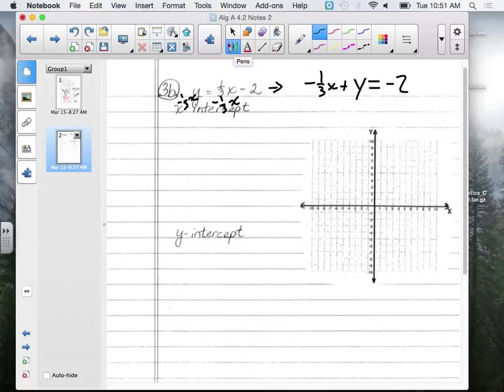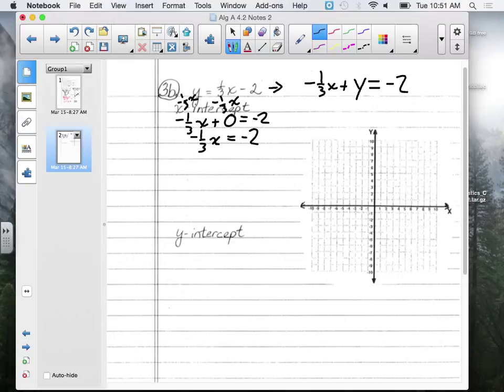Is that better? Okay. So, now we have our new equation that we rewrote. To find our x-intercept, we plug in 0 for y, right? Now, right now, this says -1/3 x equals -2.